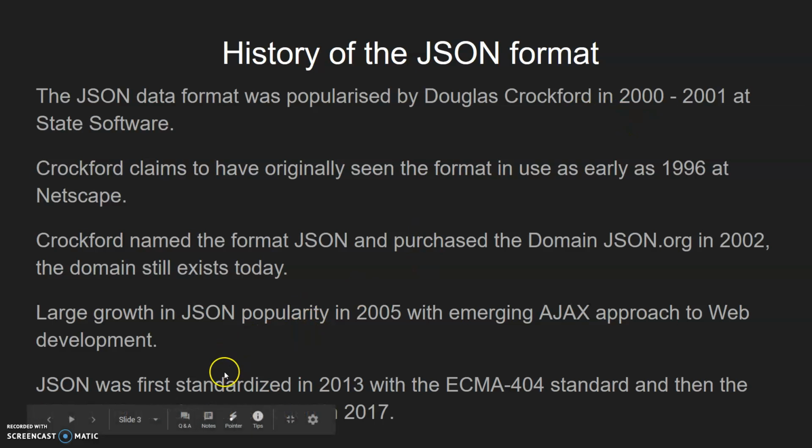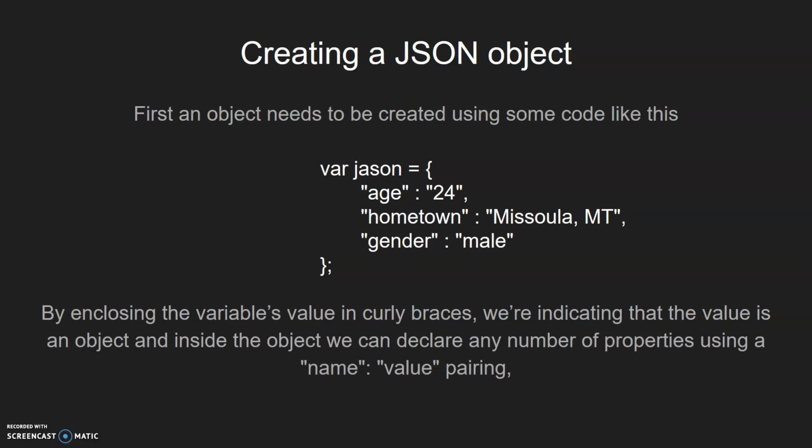Brief aside, but JSON was first standardized in 2013, and then it was re-standardized and elevated a bit in 2017. So here's a little example of how JSON works. Essentially, we create a variable, and in there we make an object, and in that object we use this classic name and value pairing, which is really distinctive of JSON.